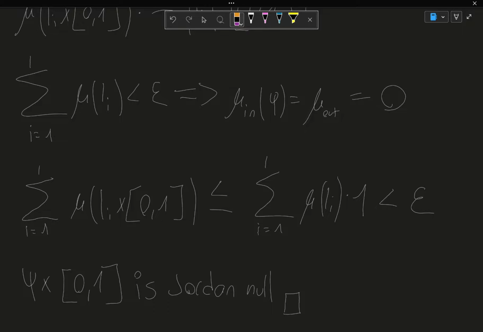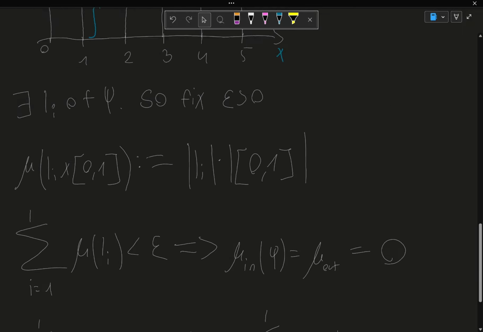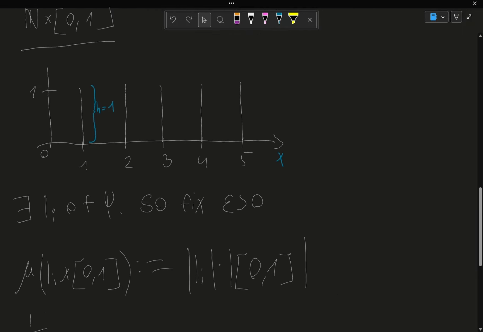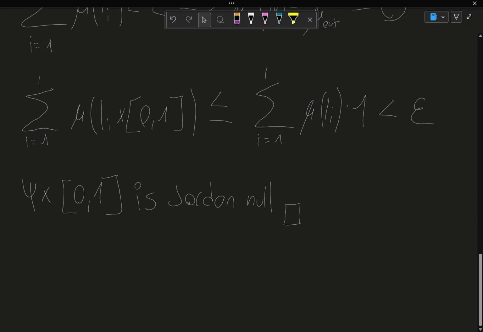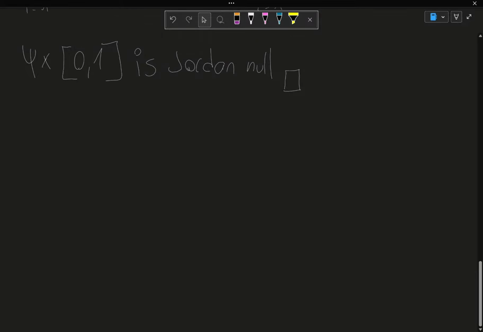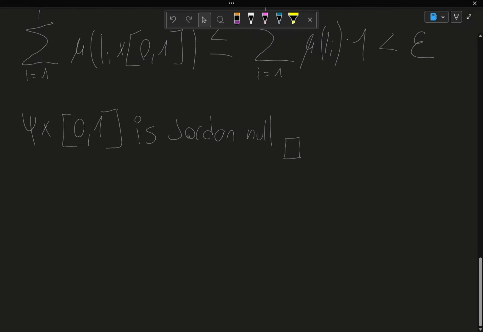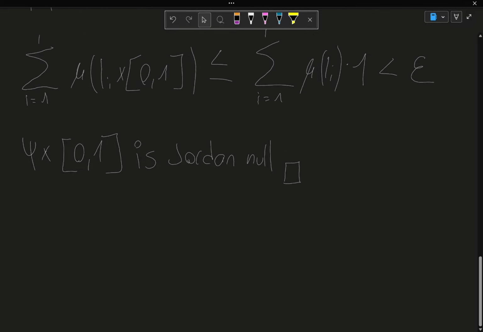So please, please, please, if you take real analysis, just stick with the definitions. Learn those definitions by heart and look how you can really apply them. Jordan null isn't that hard if you really try to wrap your head around it, but you really need time to digest everything and to really understand what everything means. But my tip, if you don't have the time, just learn the definition, write out the definition on your exam.